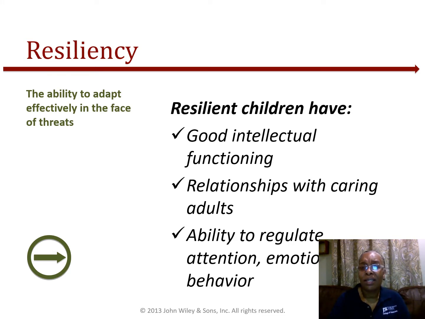Ann Masten at the University of Minnesota, as well as Douglas Coatsworth at the University of Miami, back in 1998, was able to identify specific traits as well as environmental conditions that would promote resiliency. And again, know that that's the ability to adapt effectively in the face of any threat or challenges, which seems to be able to account for the resilient child's success.